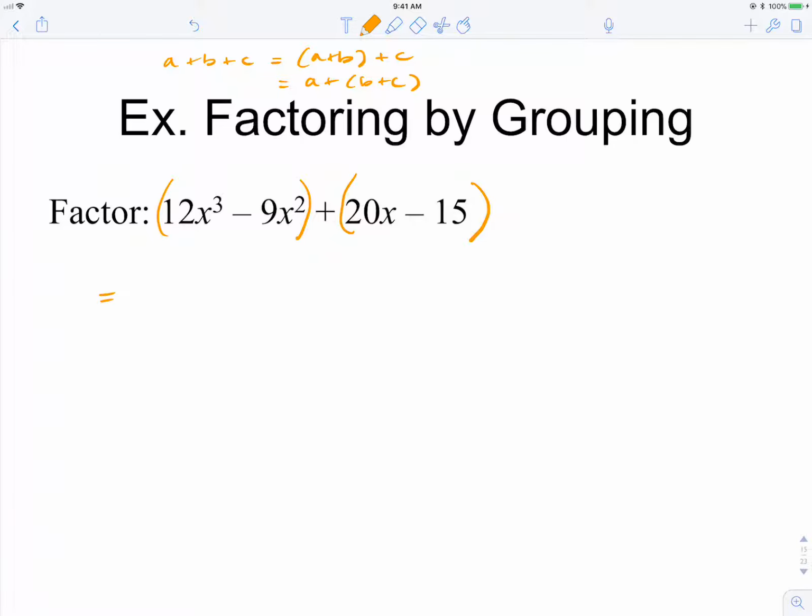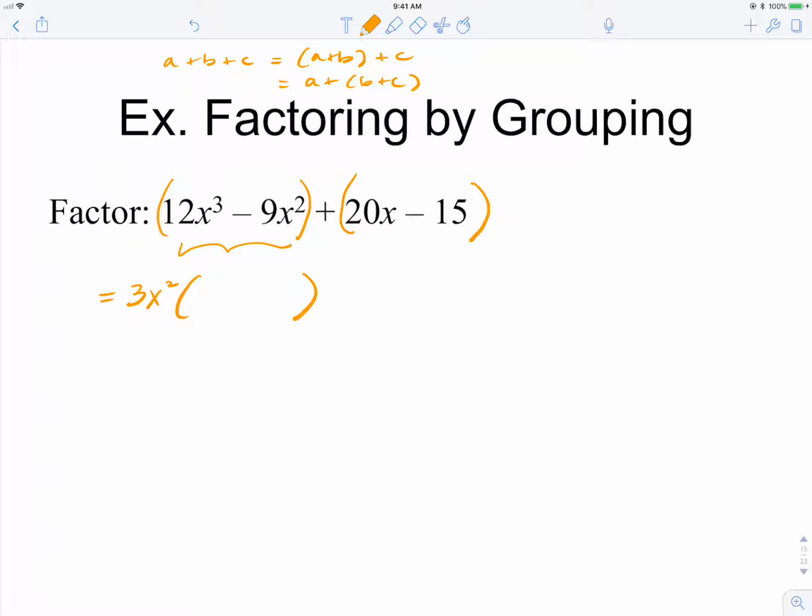So now I want to look at this first grouping and think about what the greatest common factor of 12x cubed and 9x squared is. And that's going to be 3x squared. So I'm going to factor out a 3x squared from that first grouping.